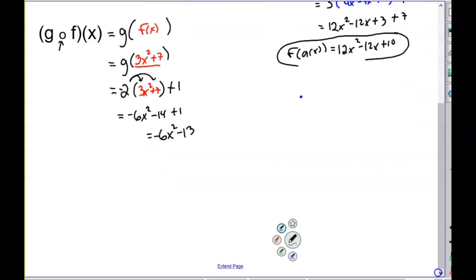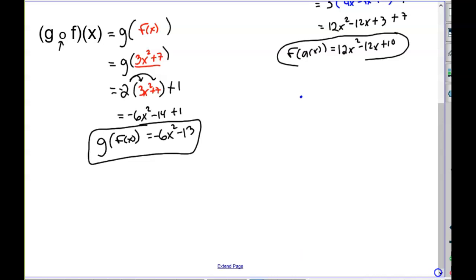And my expression, g of f of x, is better written as negative 6x squared minus 13. Okay. Once you get used to the notation, it's pretty friendly and kind of fun.